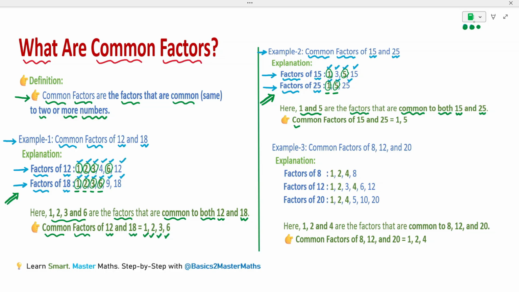So, common factors of 15 and 25 are 1 and 5. Got it?